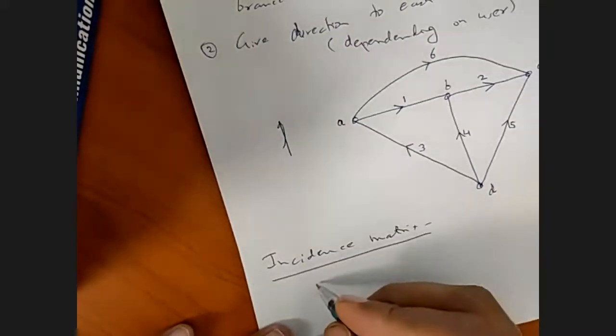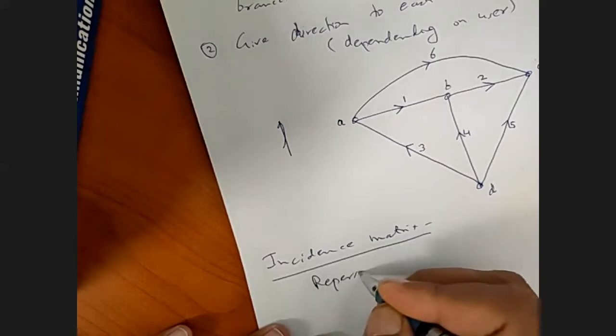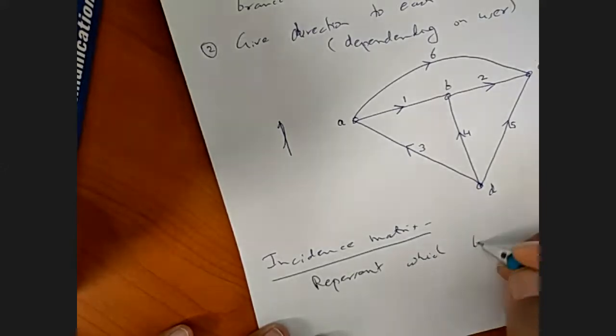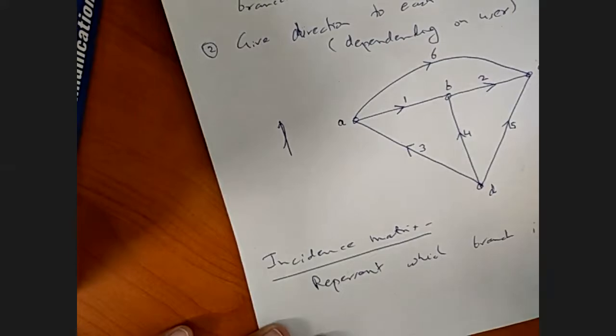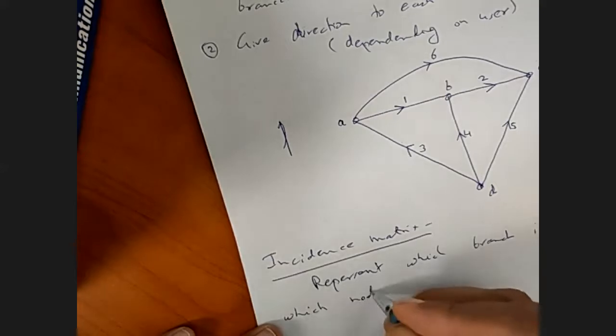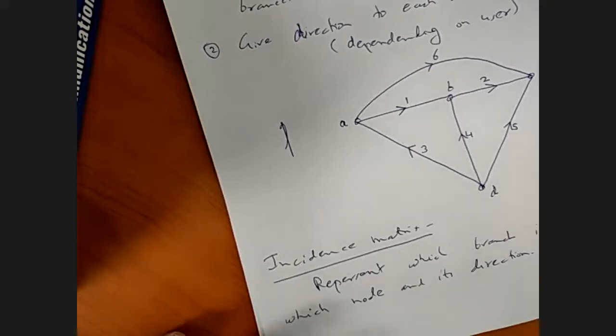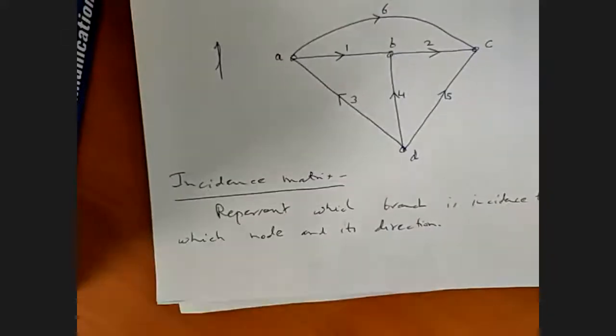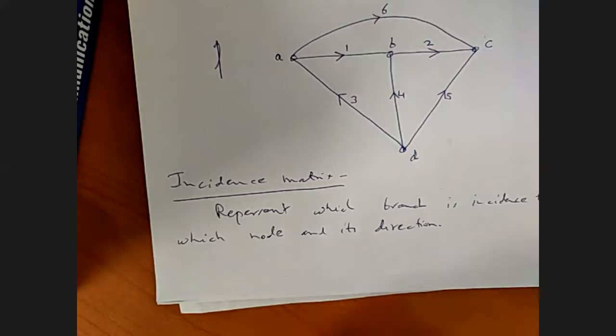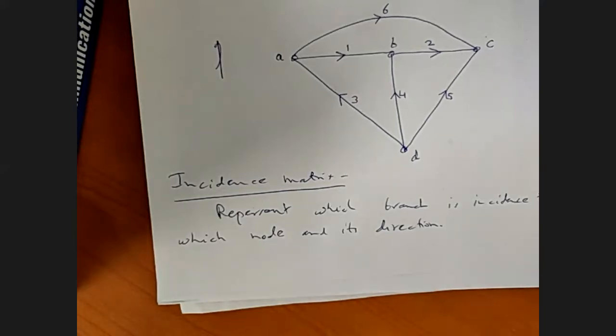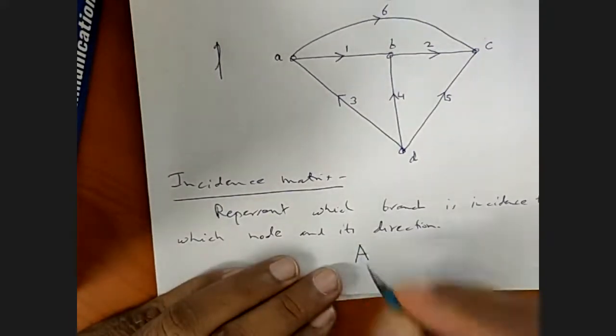It simply represents which branch is incident on which node and its direction. Means simply which branches are connected to which node and what their direction is. It is represented by this matrix, the incidence matrix, and it is represented by matrix A.